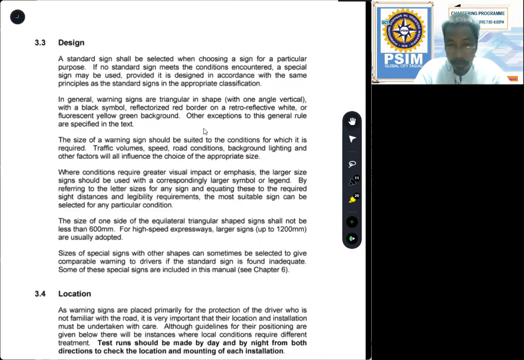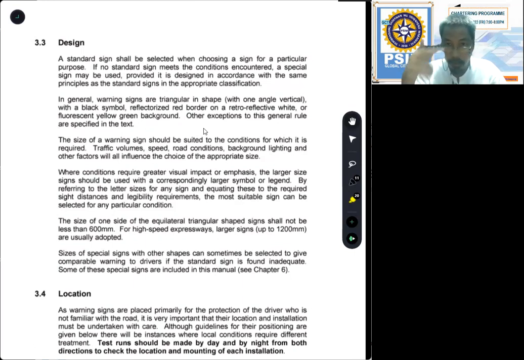By referring to the letter sizes which are necessary, the one who will paint the sign has to take notice of the thickness of the letters. They must be appropriate in size, equating these letter sizes to the required sight distances and legibility requirements.